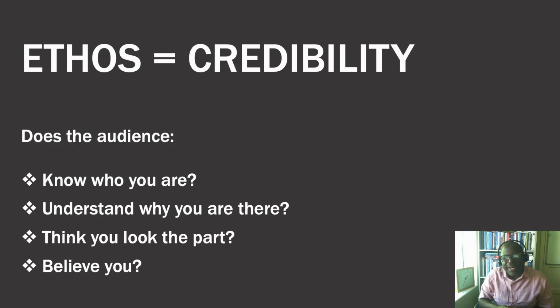A firefighter giving a fire safety talk in uniform is instantly more credible than in casual clothes. People see the firefighter uniform, so it's really important to take that into consideration as well. And the fourth one is believe you.